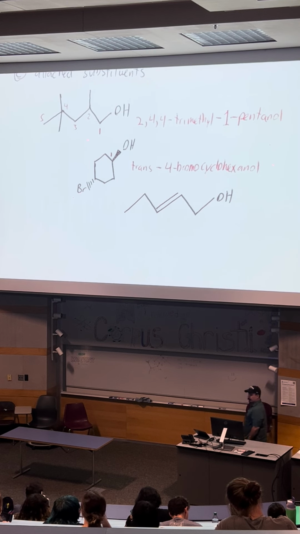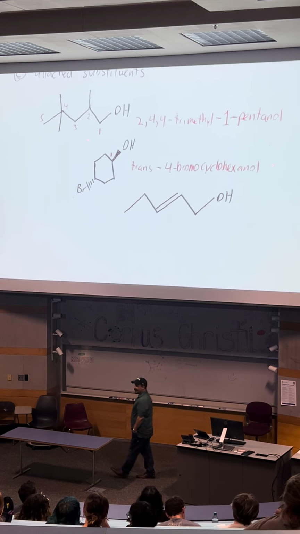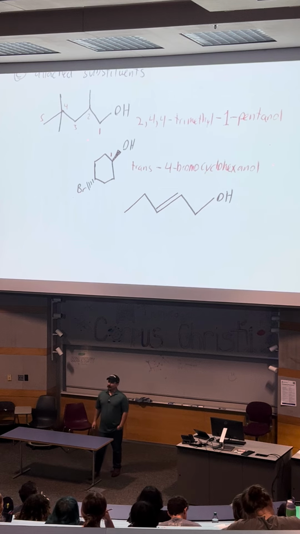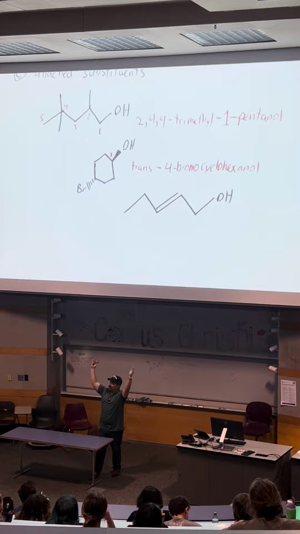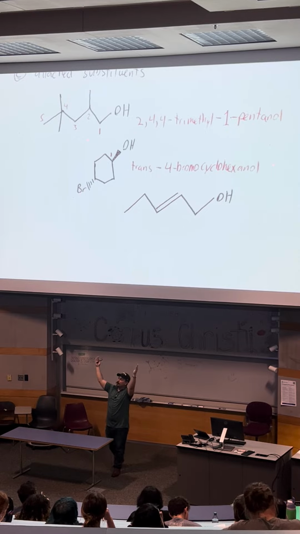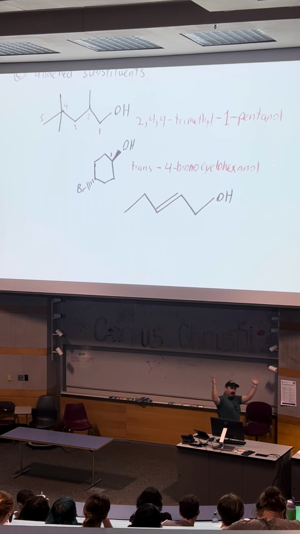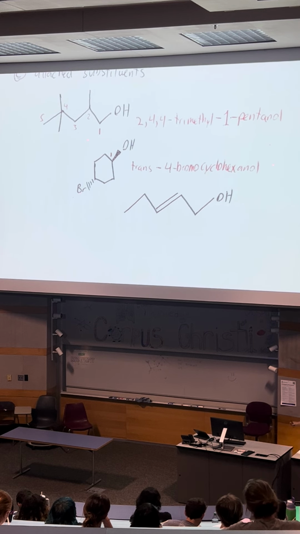So which one is it? Is this an E or a Z? It's an E. Yeah. You remember this would be Z because the two groups are on the same side. So Z is same side, the other one would be E. The groups coming off the double bond are not on the same side, so it's an E.